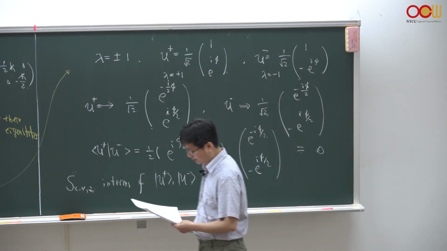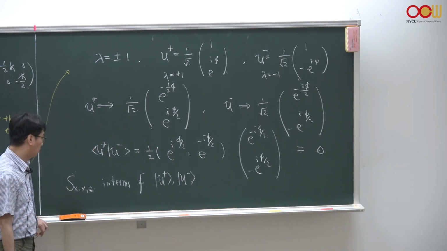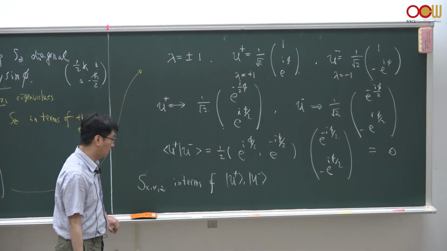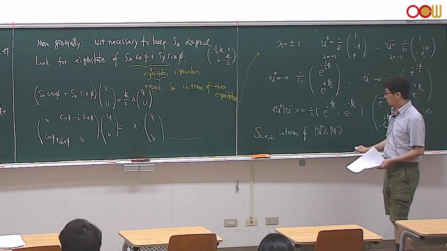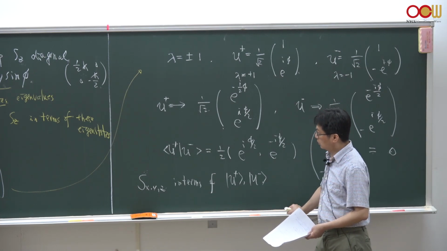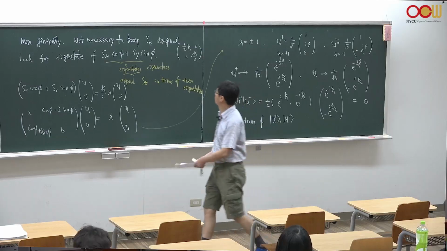Very easy to check and to construct this new 2x2 matrix representation of the spin angular momentum operator, but you expand these operators not in terms of the eigenstates of Sz, but eigenstates of this new operator, this one.